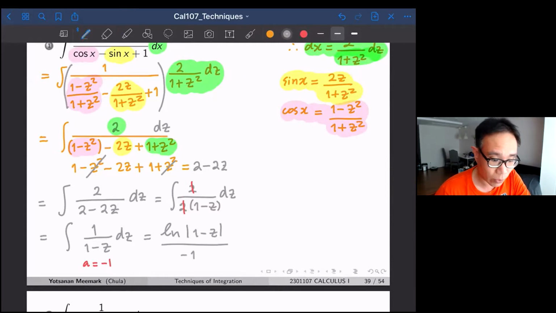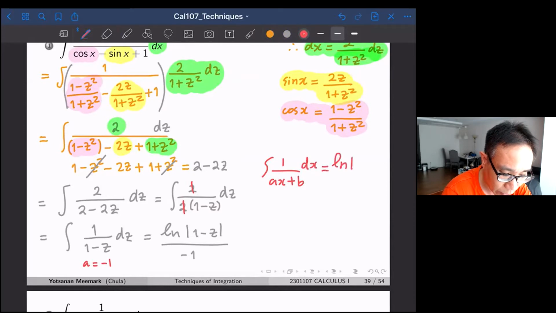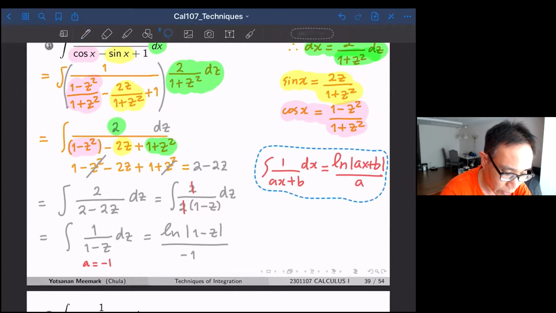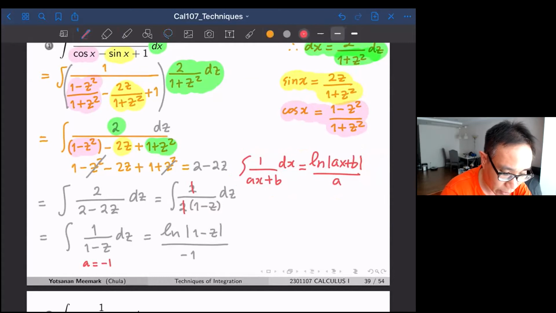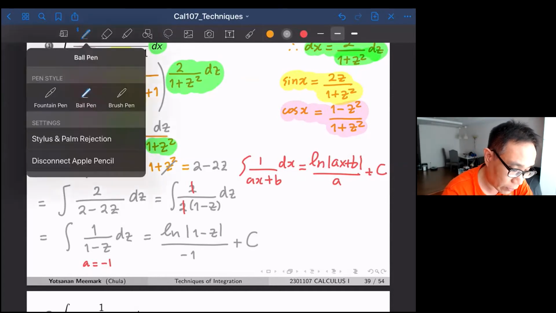Okay, so this is the formula that I recalled before, that when you integrate 1 over ax plus b dx, it's going to be log absolute ax plus b over a plus c. So this one will be just log absolute 1 minus z over negative 1 plus c.